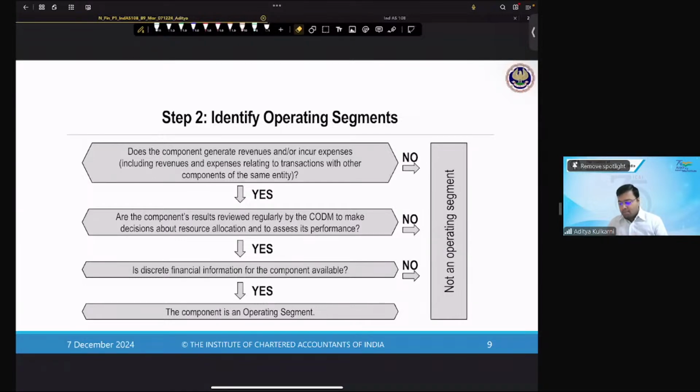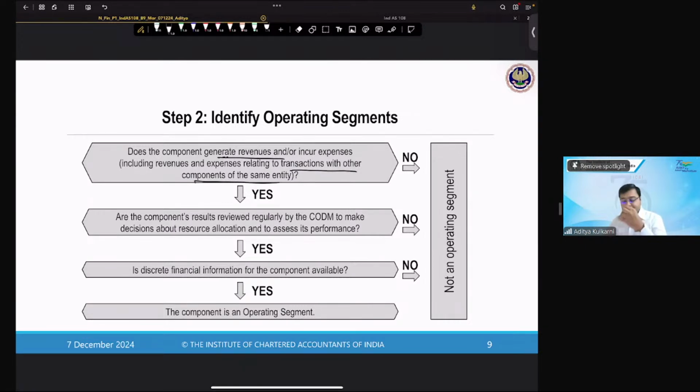Identification of an operating segment. Now, first one. Does the component generate revenues and or incur expenses, including revenues and expenses relating to transactions with other components of the same entity?